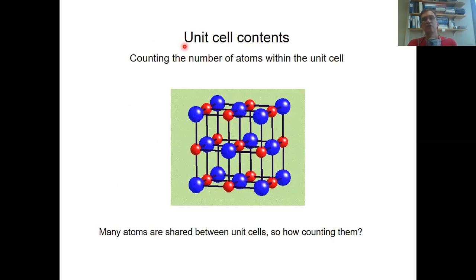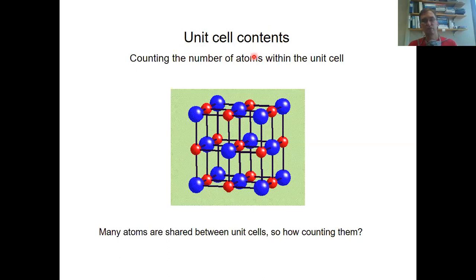Okay, so I also wanted to briefly review unit cell contents. This is something that you probably all have heard about, but because it's so important, I briefly wanted to review how you can actually determine how many atoms are in a particular unit cell.